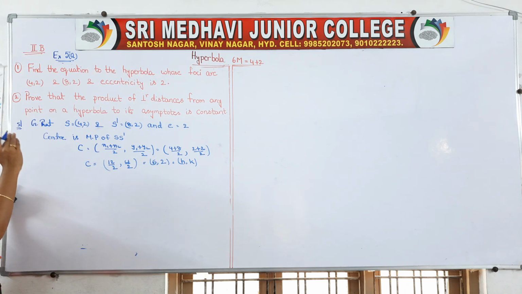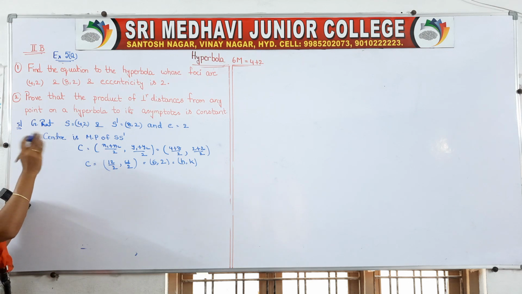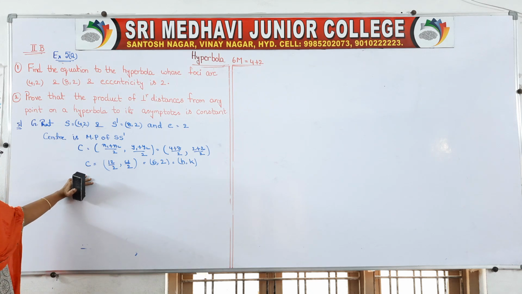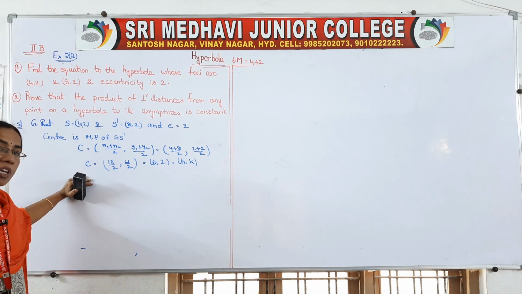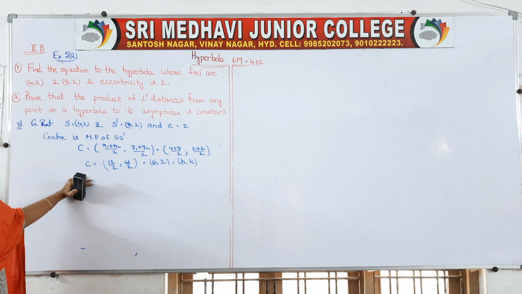The center is denoted by (h, k). We have to write the hyperbola equation in the form (x minus h) whole square by a square minus (y minus k) whole square by b square is equal to 1.